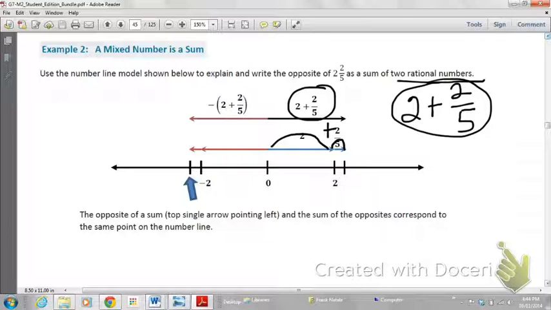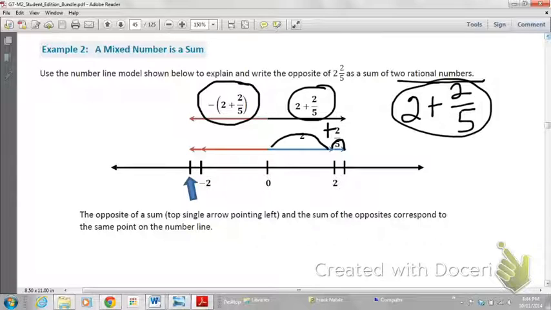All right, now, if we use the rule that the opposite of a sum is a sum of its opposites, and if we applied that rule, it might help us out a little bit to understand actually how you would write this.